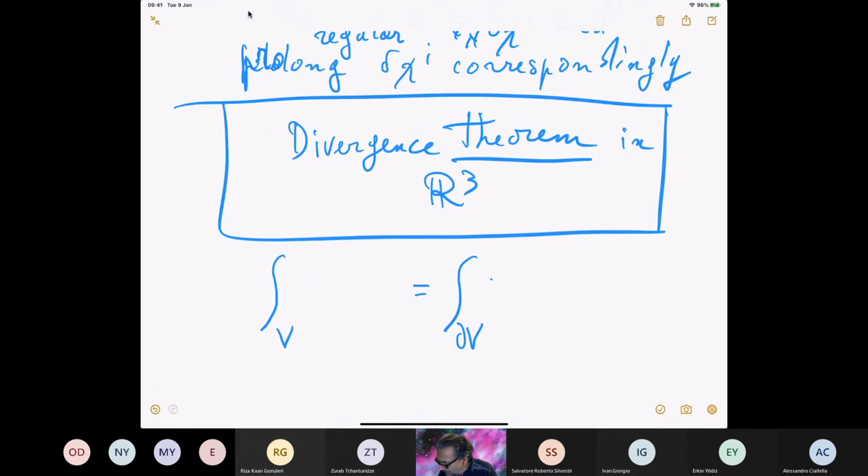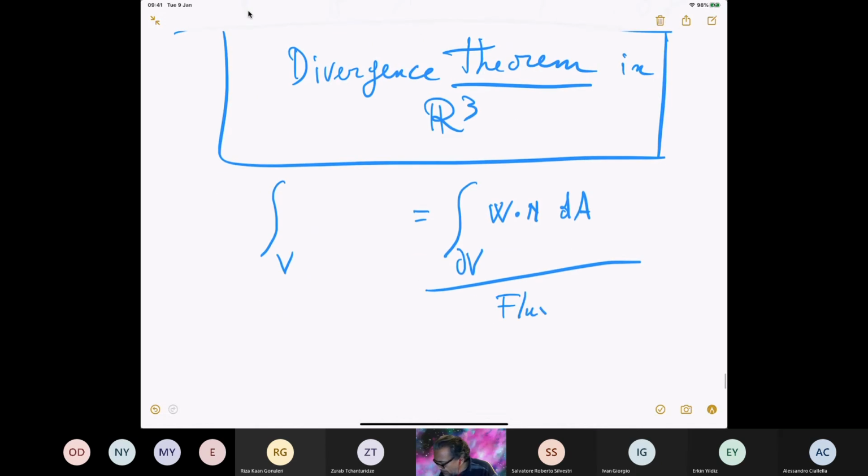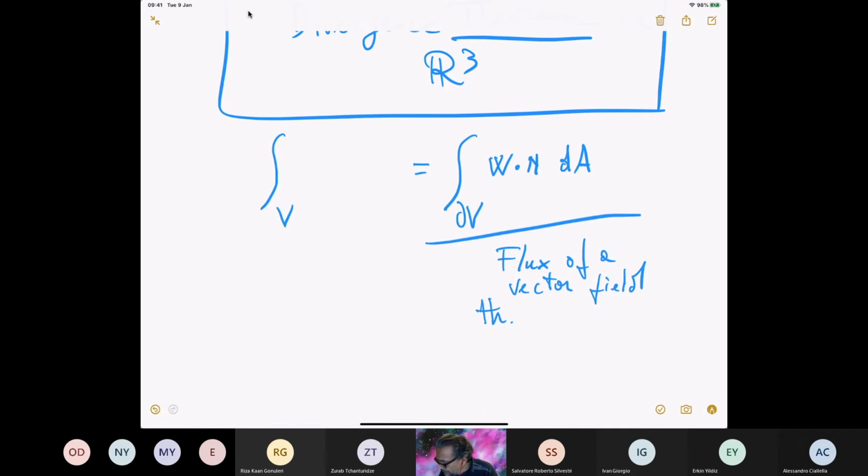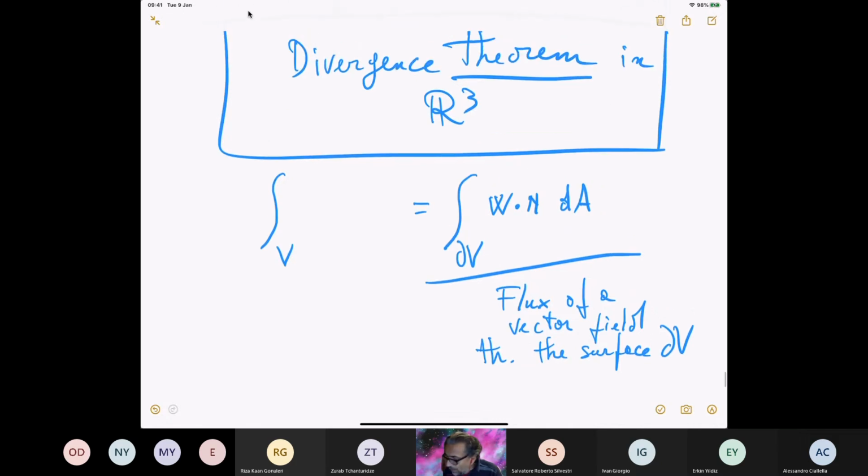And here we have a vector field W, and we calculate its flux through the area. So this is the flux of a vector field through the surface boundary of V. The genius of Gauss allowed us to transform this flux into a volume integral.